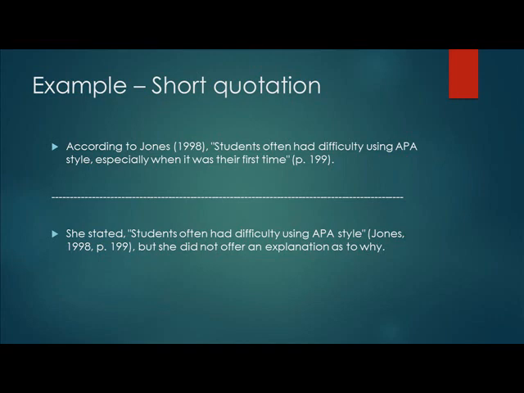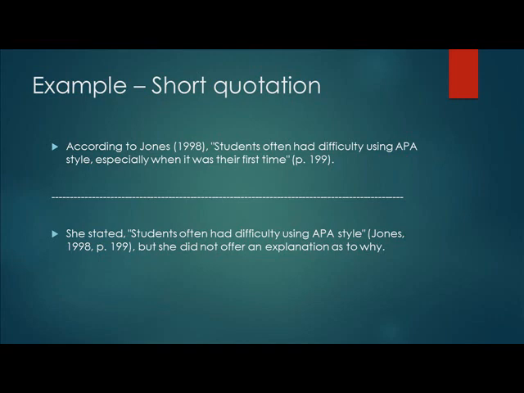Students often had a difficulty using APA style, especially when it was their first time, and then finishes the quotation by putting in the page number where it was taken from, so that anyone who wants to check knows exactly where to go to find it.